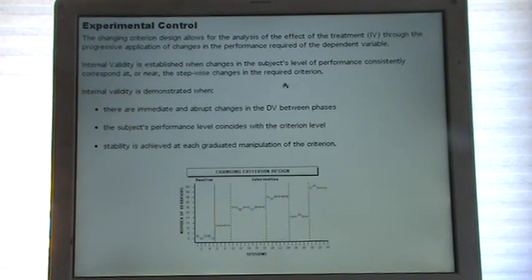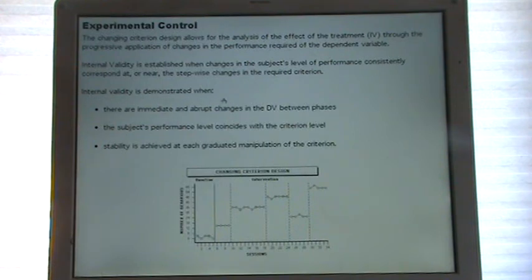In other words, the researcher at the beginning of the study has set the criterion levels for each of these phases. If the behavior moves and settles around those criterion levels, then the researcher can say with a pretty good degree of certainty that there is a functional relation between the independent variable of the treatment and the dependent variable.